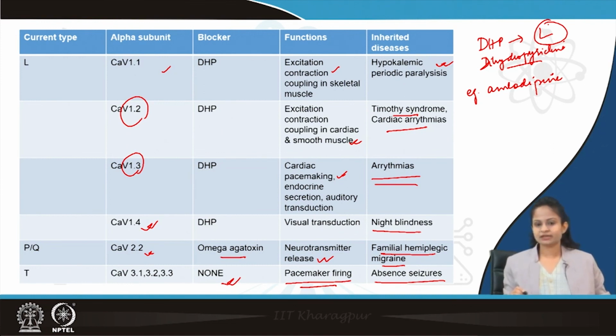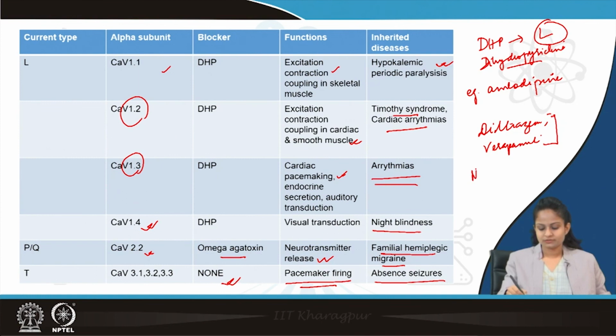The antiarrhythmic drugs which are commonly used, that is diltiazem or verapamil, are non-dihydropyridine blockers. I mean, these do not act on the dihydropyridine receptor. So, that is only amlodipine. These drugs are used for anti-arrhythmias, whereas amlodipine is used for anti-angina and anti-hypertensive medications.